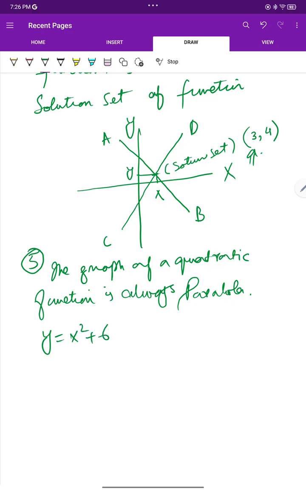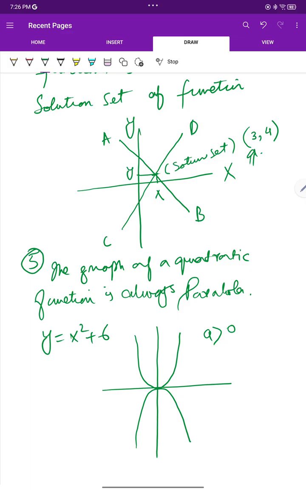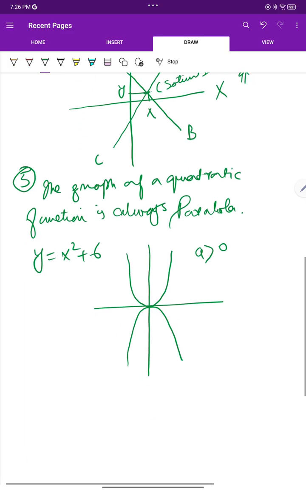When the power of x is 2, it's called a quadratic function. We have done some examples on this. It's usually like this. If a is greater than 0, it comes like this, and if a is less than 0, then it comes like this. So this is the graph of a quadratic function.